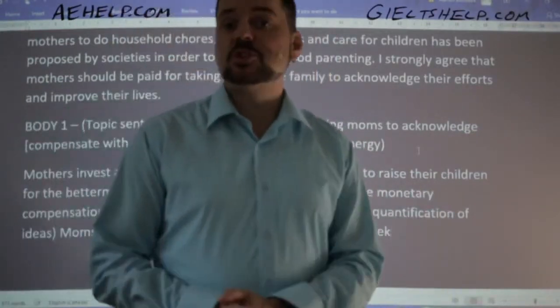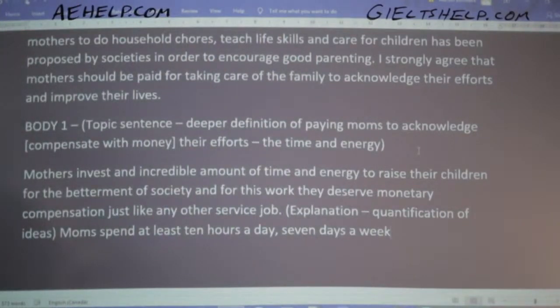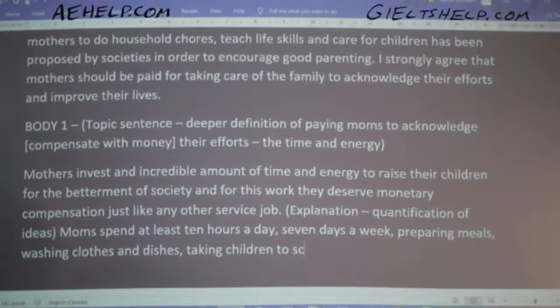Moms, it's 24/7, right? So moms spend at least 10 hours a day, 7 days a week preparing meals, washing clothes, and dishes, taking children to school.